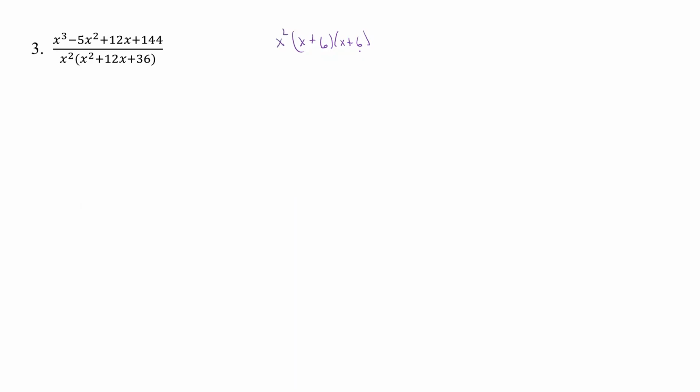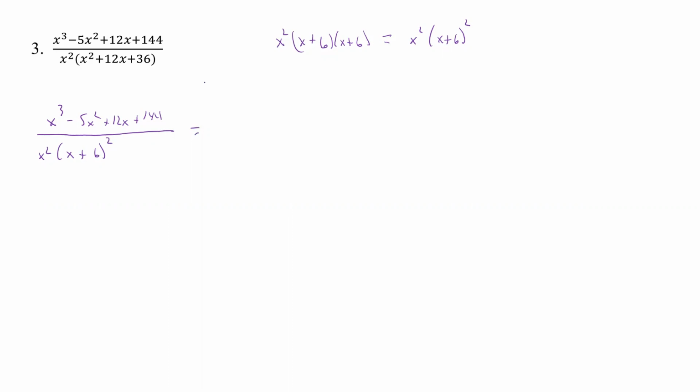So this is really x squared times x plus 6, the quantity squared. Okay, so we've got quadratics with repeating factors. So what we have to do is x cubed minus 5x squared plus 12x plus 144 all over x squared times x plus 6, the quantity squared, equals.